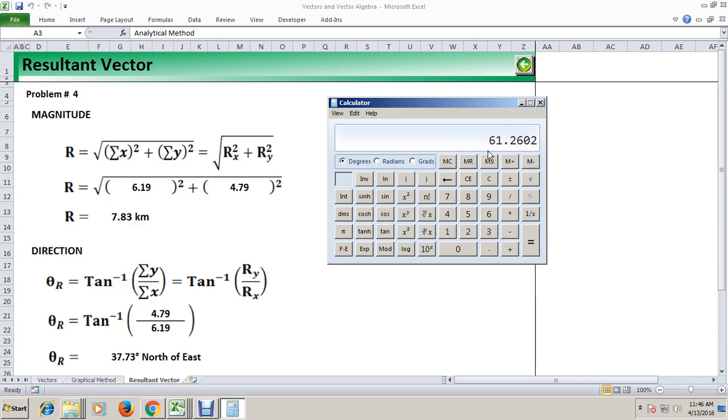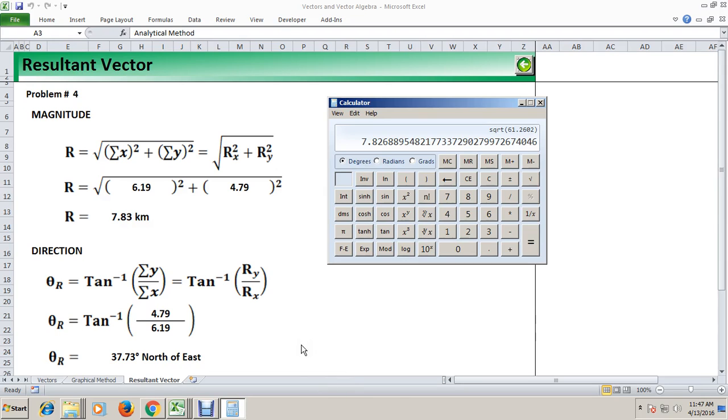The sum is 61.2602. Okay, so the next step is to get the square root of this value. You simply click on the square root. The result should be 7.82 if you round that off to the second decimal place. That gives you 7.83 kilometers.